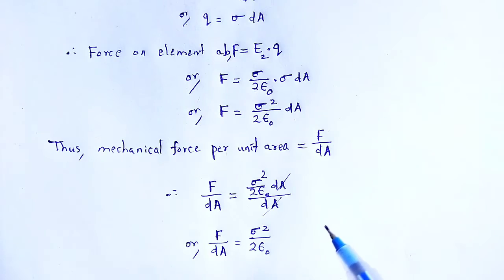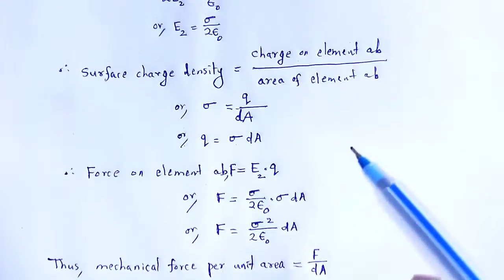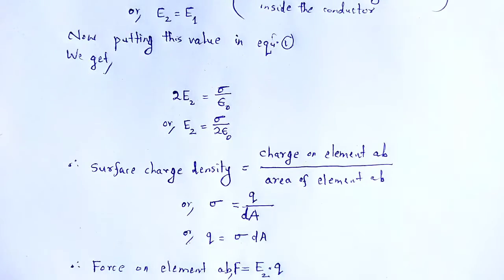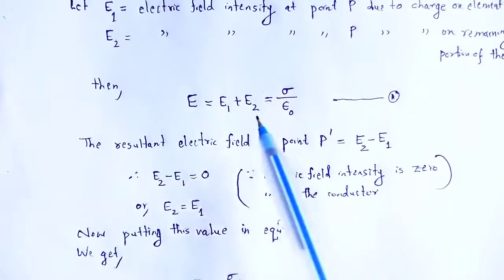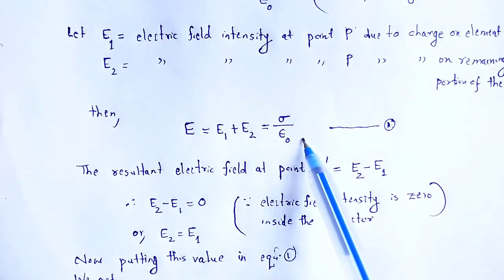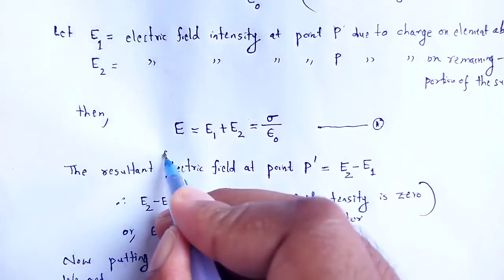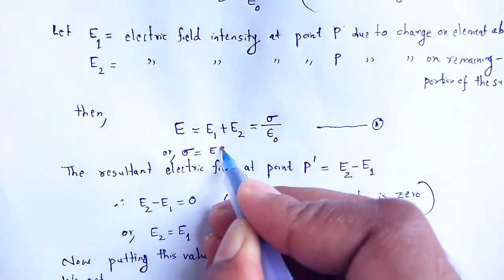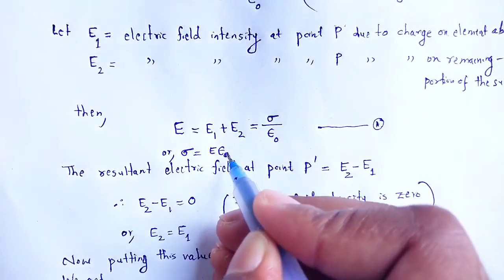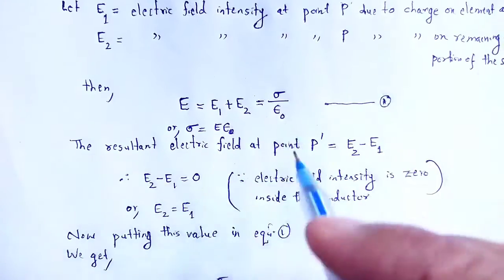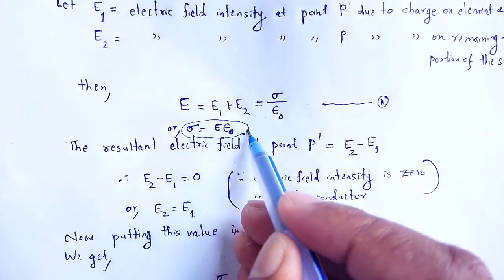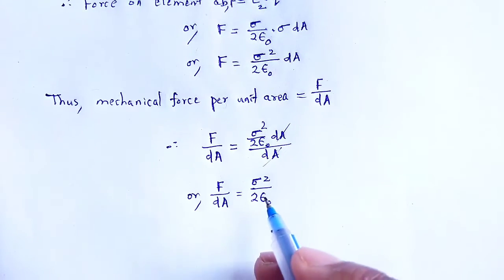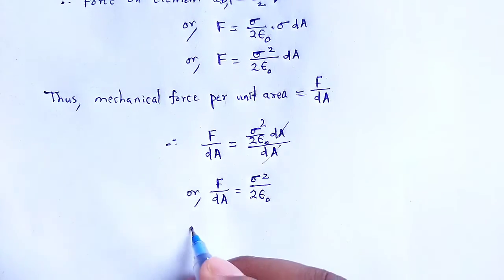From the expression, as E is equal to sigma by epsilon naught, sigma is equal to E into epsilon naught. That expression can be put here. In place of sigma we substitute E into epsilon naught.